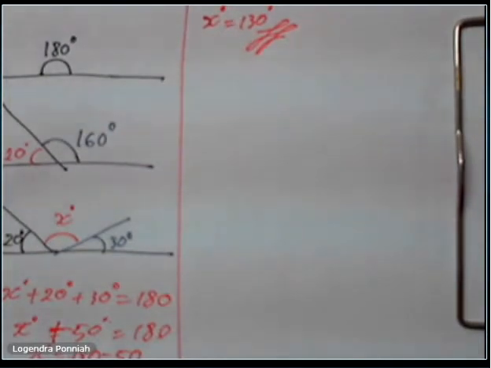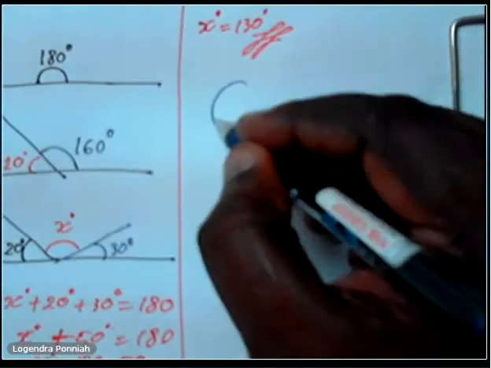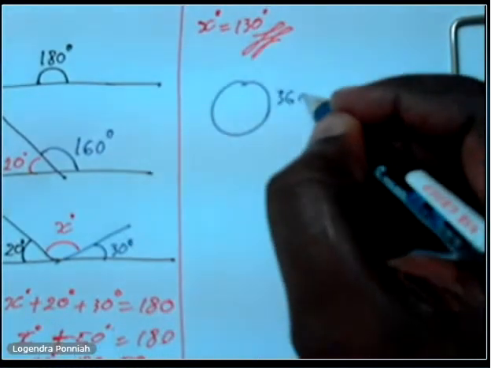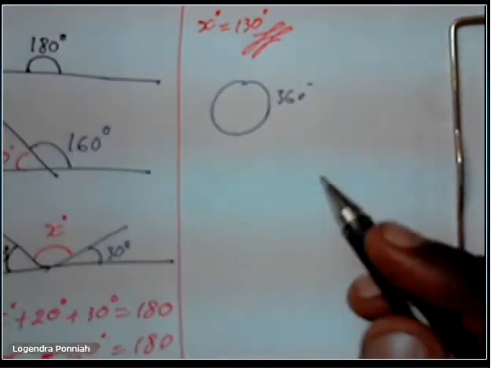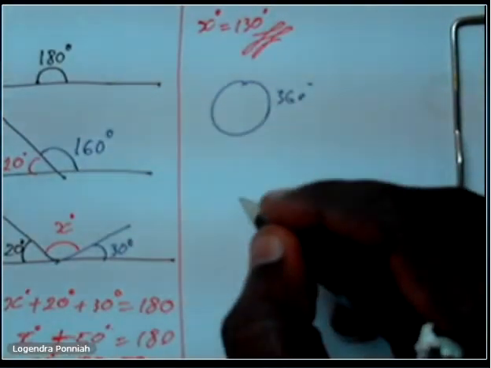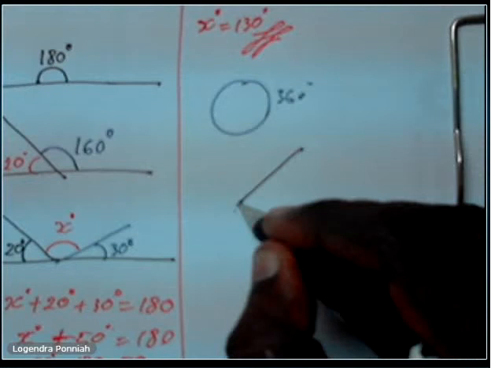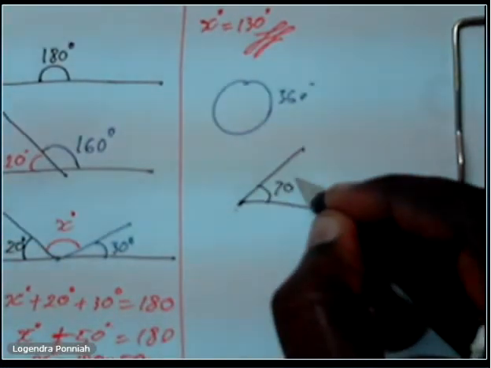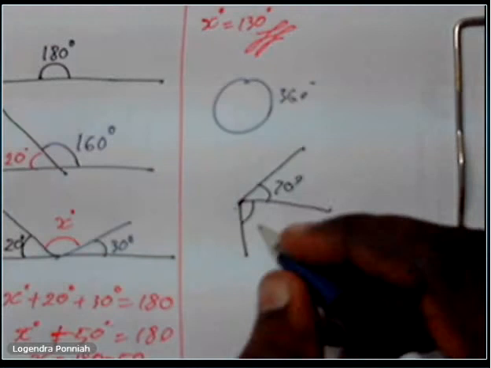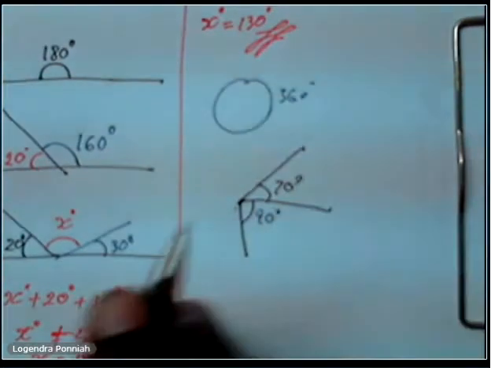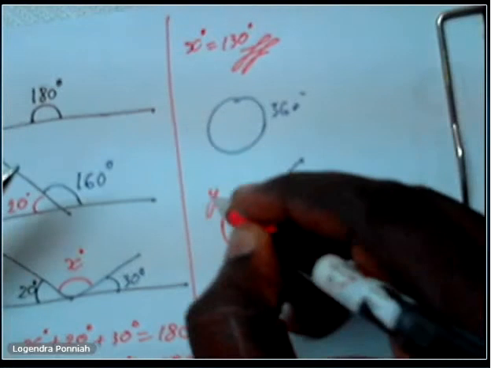The other thing is, if one straight line is 180 degrees, the full circle is 360 degrees. So for example, if at a point I have this angle from here to here as, let's say, 70 degrees, and this part here is an additional 90 degrees, what is from here to here? Let's call that y degrees.